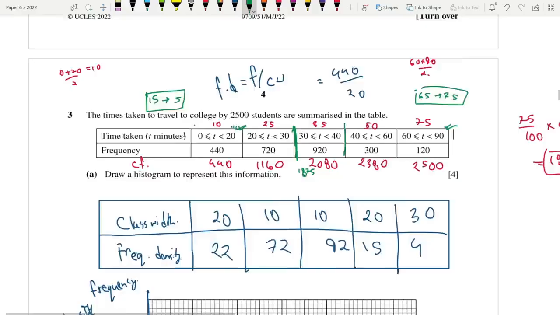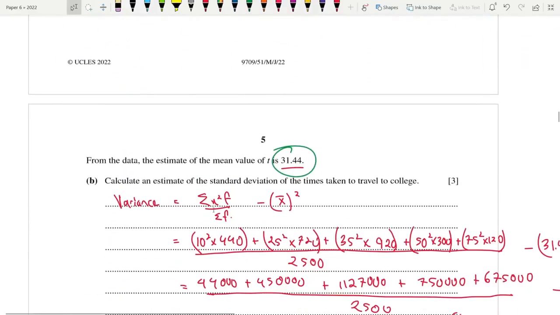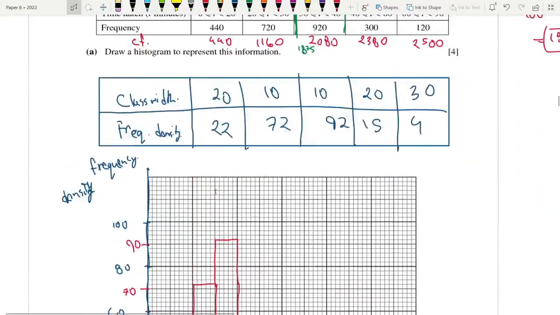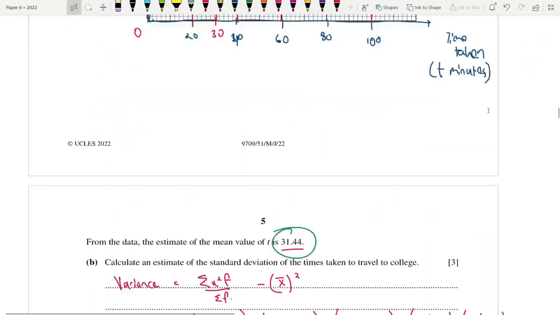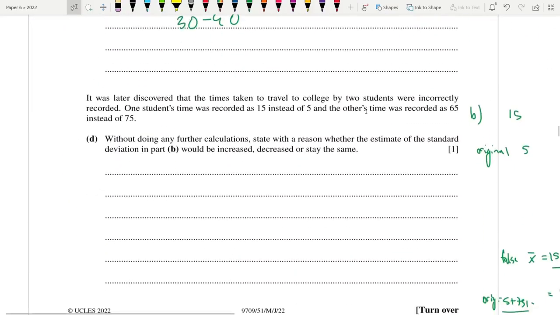So it won't actually change this value or this value either, because they're still in the same class. Like 5 and 15, they're still over here, and 65 and 75, they're still over here. So this value below wouldn't change. 440 would remain as 440, and 120 would remain as 120. So it wouldn't ultimately result in a change in the estimate of the mean or the estimate of the standard deviation.